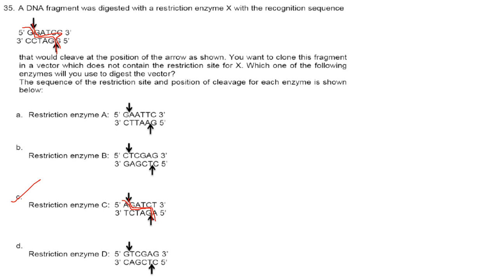For ligation to occur, there should be complementary base sequence between the vector and the gene of interest.